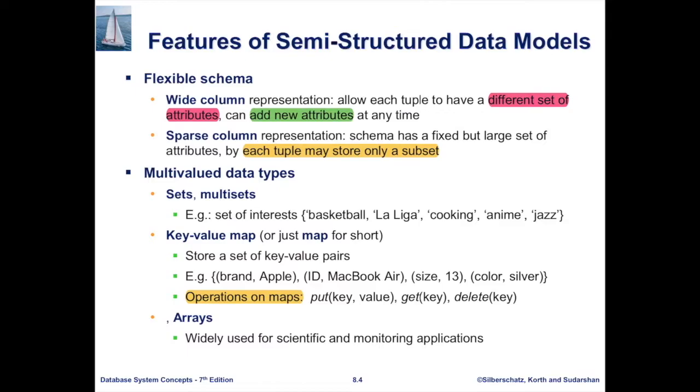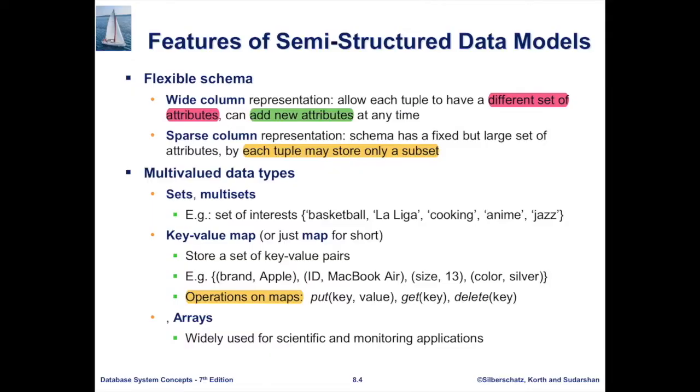For wide columns, it allows that each tuple have different set of attributes and you can add new attributes anytime. Tapos for sparse column representation naman, you have a very large set of attributes pero yung each tuple mo may store only a subset of the data.